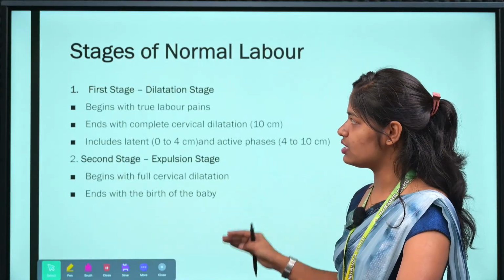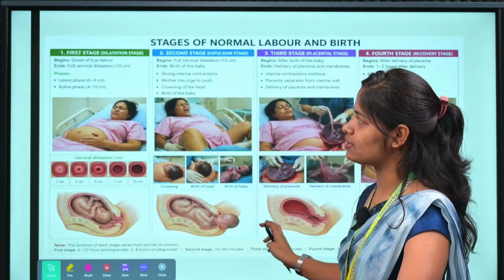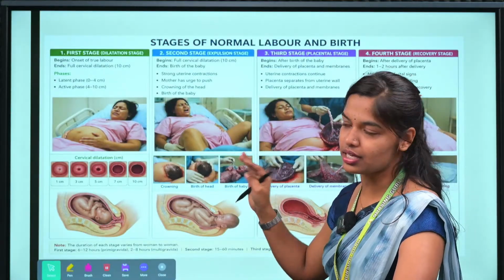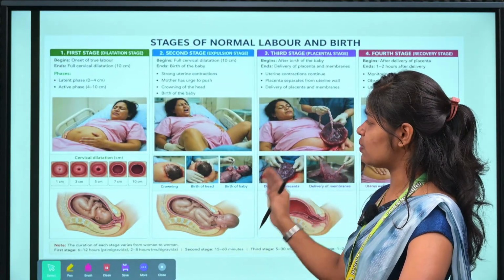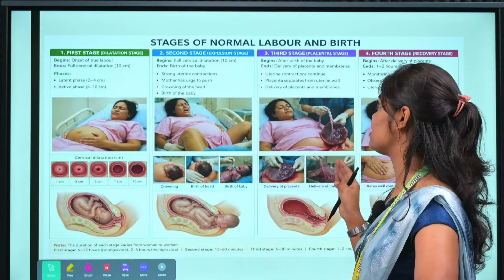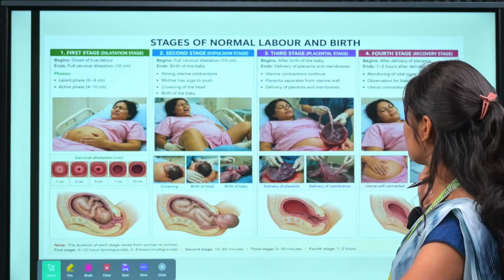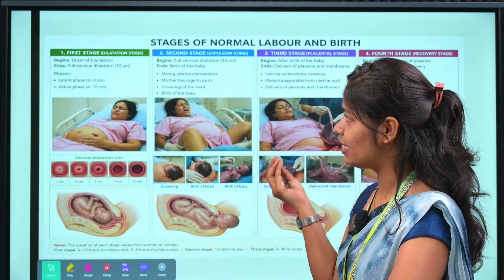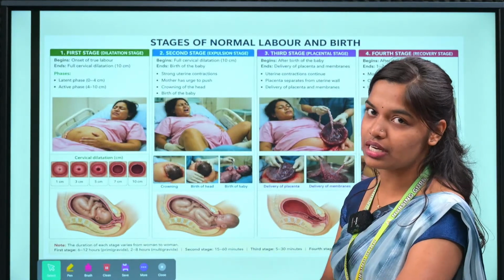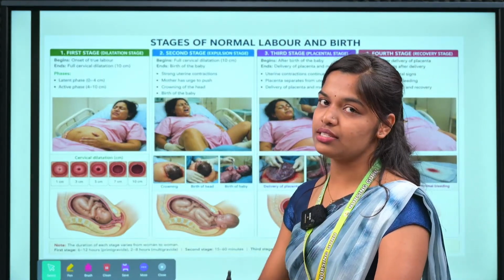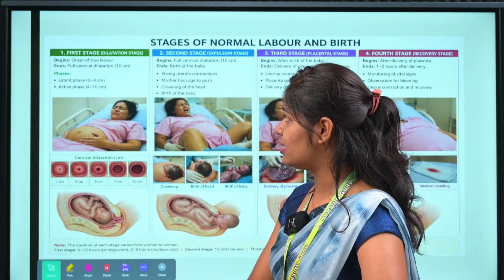And stages: first stage, second stage, third stage, and fourth stage. First stage is the dilatation stage, second stage is the expulsion stage, third is the placental stage, and fourth is also called the recovery stage. The first stage, cervical dilatation, goes from true labor pain to complete cervical dilatation.